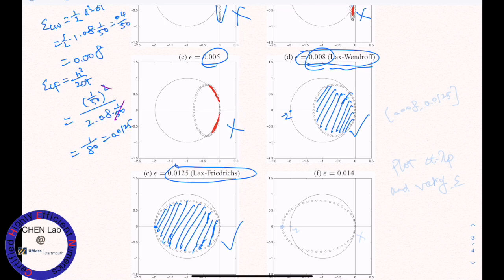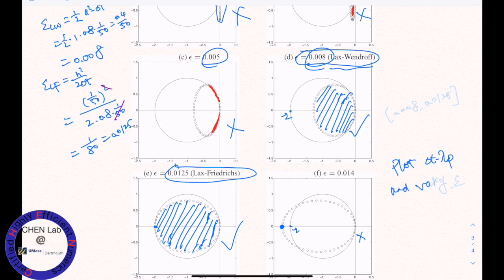When you continue raising that, then that's what we talked about in the last slide. This is going to stay outside of that -2, okay? So it will be not stable again. So what you can practice is that you can just plot this delta t times lambda p, right?